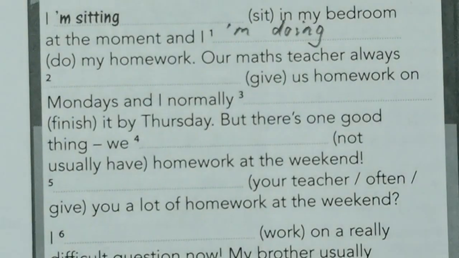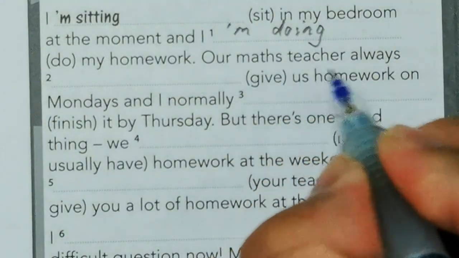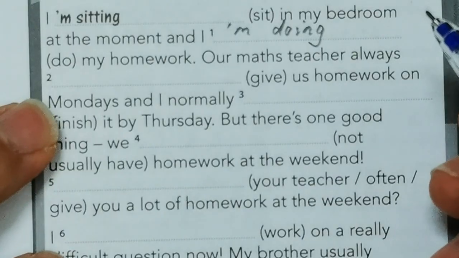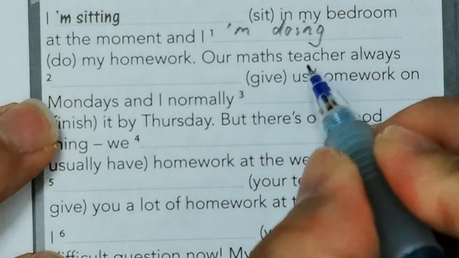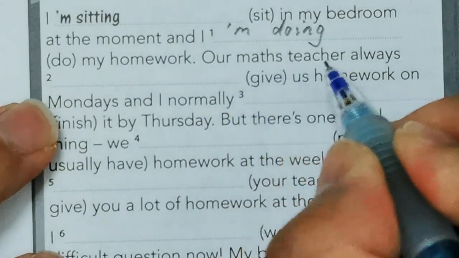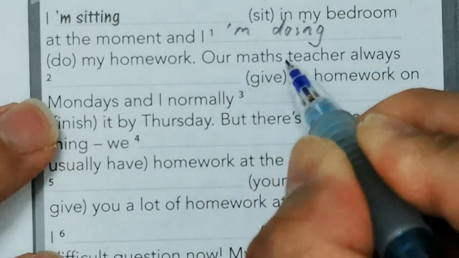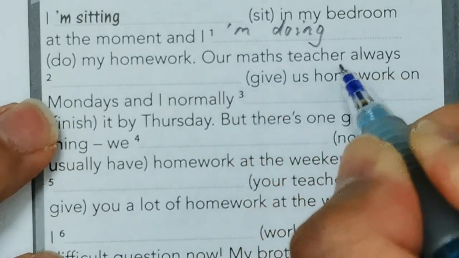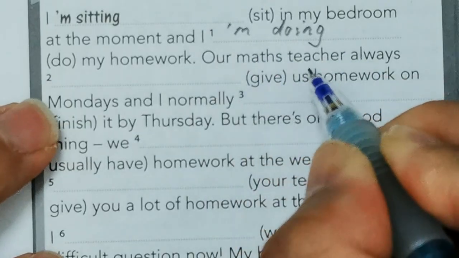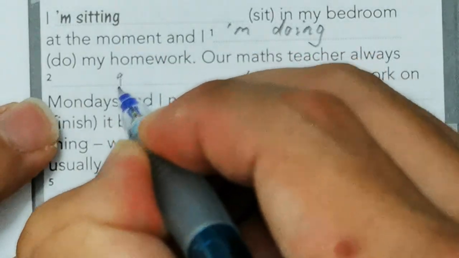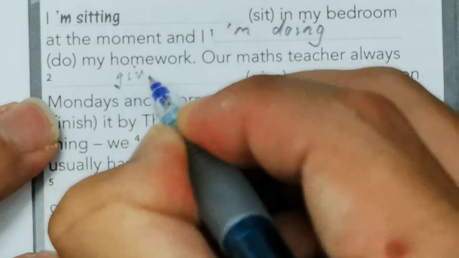Our maths or mathematics teacher always, so give. So always you need to use gives here, because our maths teacher, although we have s here, this is just a singular noun. So maths teacher always, you need to use gives.